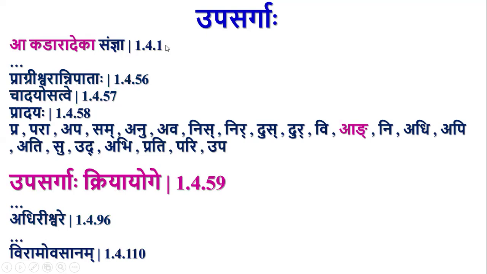In the same pada, the first sutra is akadara deka sangna. Here this a, the first word of this sutra, is from this pradigana only. This is ang. We studied this during the Tugagama section: ang mangoscha, where this ang is from the pradigana. Here this a is not used along with a kriya. Akadara deka sangna means it is used to denote the maryada or vyapti, the boundary. So here it is not an upasarga.